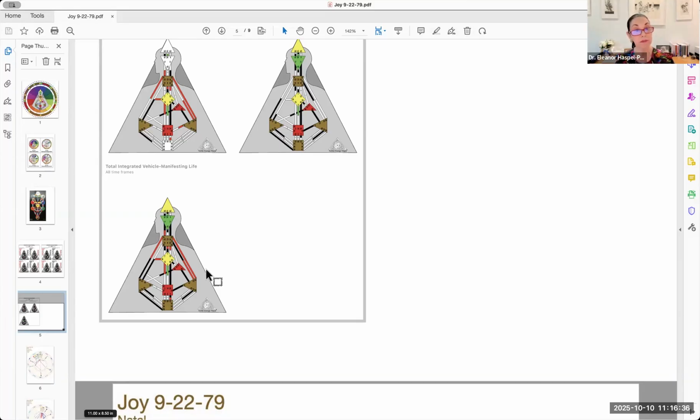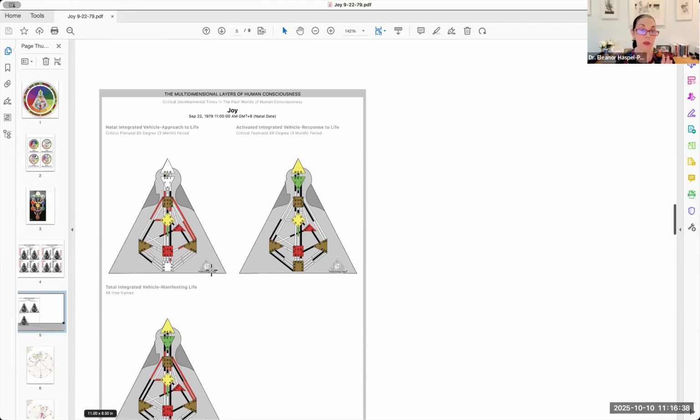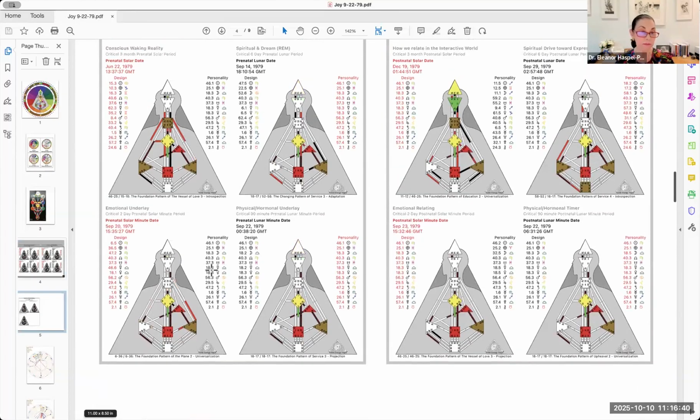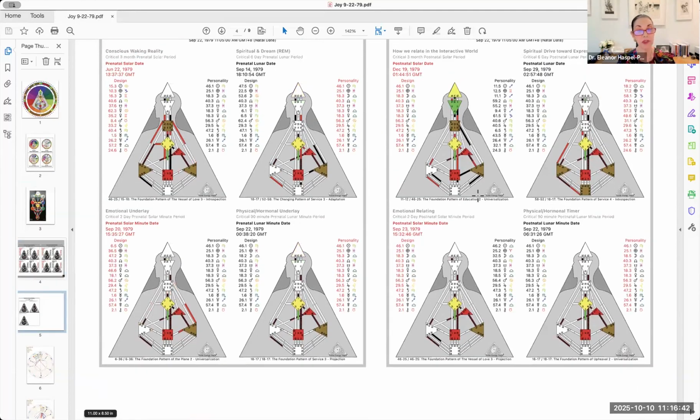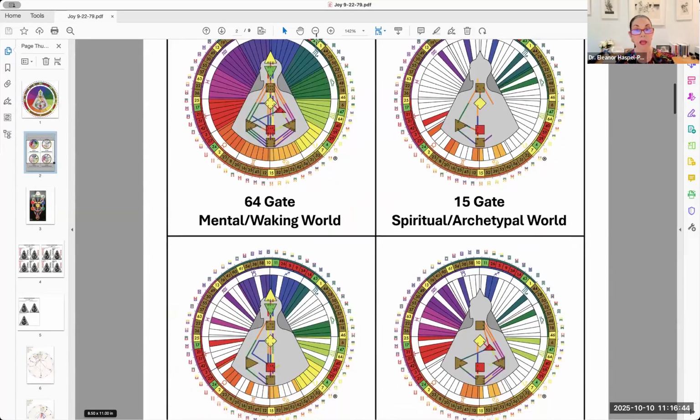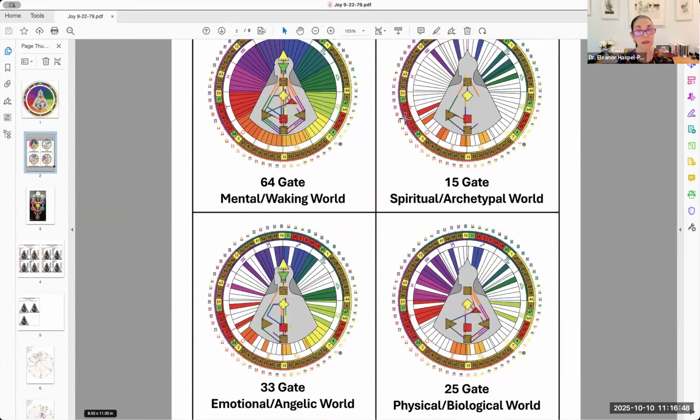that shows that we live in 4 worlds. So in reading your chart, I'm going to be looking at these worlds. And these worlds, the mental waking, spiritual archetypal, emotional angelic, and physiologic.